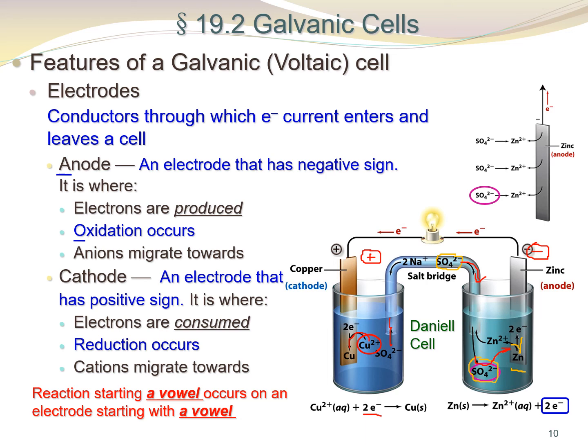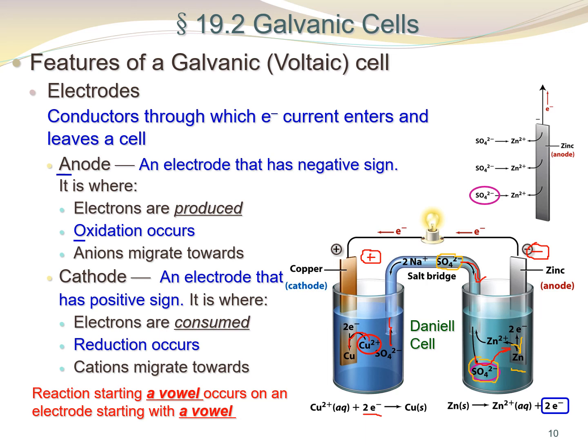So now we can make up a statement like: reaction starting with a vowel occurs on an electrode starting with a vowel. For anode, oxidation reaction. Once we have oxidation reaction, electron becomes product. This is where electron is produced.